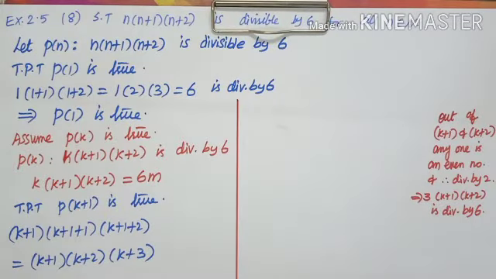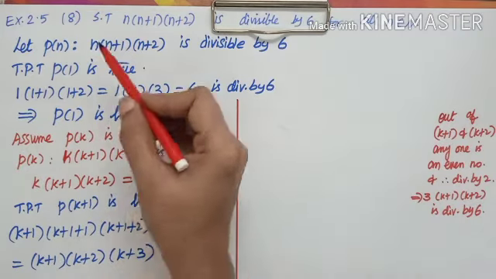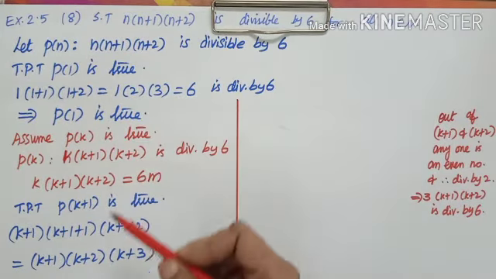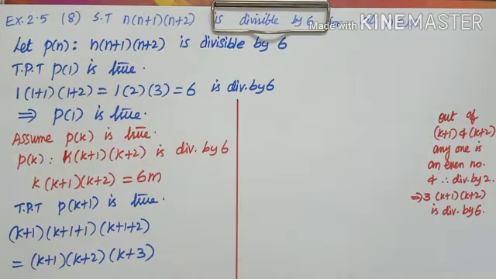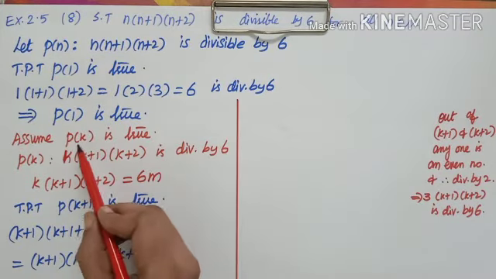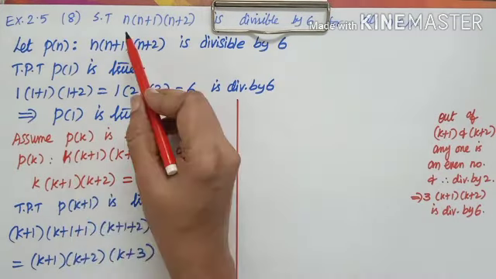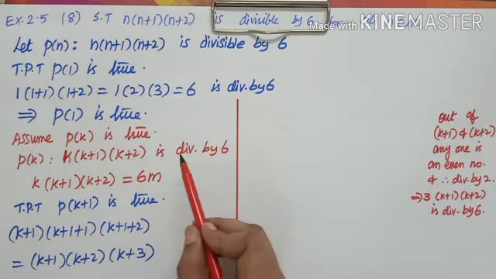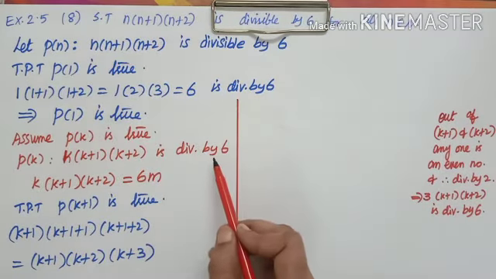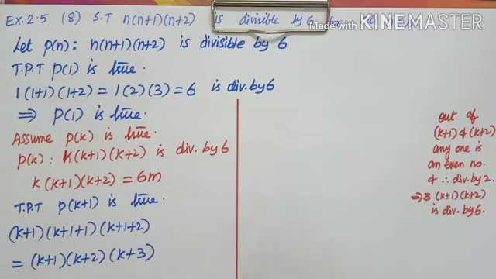Question number 8. Show that n into n plus 1 into n plus 2 is divisible by 6. First few steps already you know, so you can write on your own. When we come up to P of k plus 1, k into k plus 1 into k plus 2 is divisible by 6 tells me it is 6m.